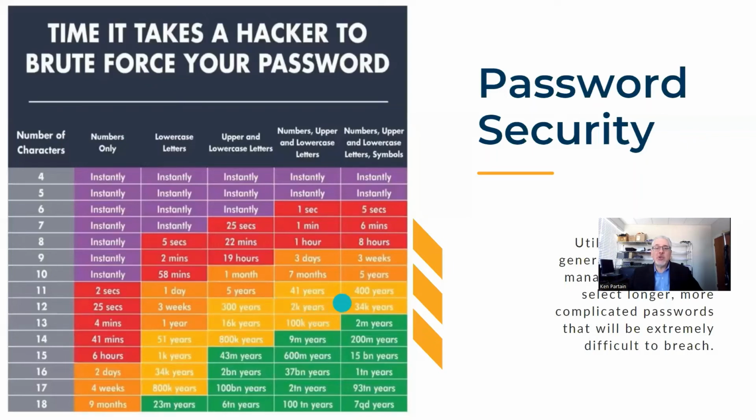And when you add special characters, it could take 34,000 years. So this is just a guide, kind of shows you how really weak our passwords are and can be. Even a 10-character password that's only using upper and lowercase letters can take only a month to breach. Okay. It's very important that you have strong passwords in place.